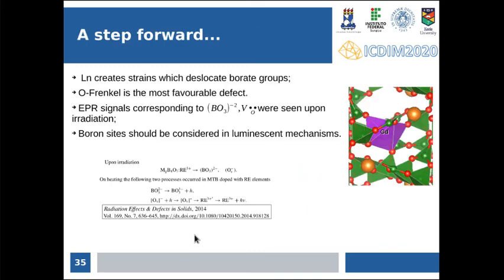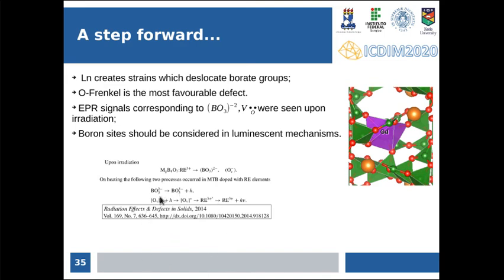And as a final discussion, you can see the lanthanide creates strain with dislocated boron groups. These groups can be responsible for levels in the forbidden band of the material which capture holes when the MBO is under irradiation, as described in this paper.